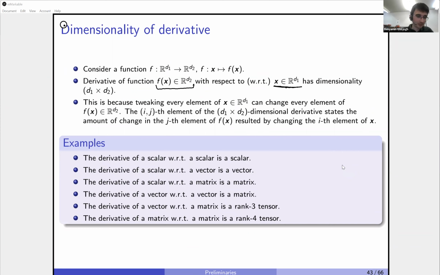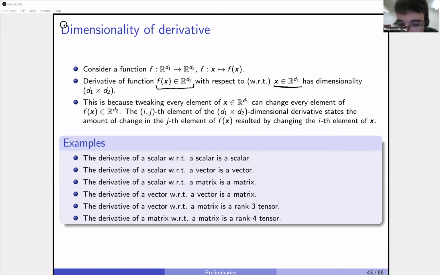Before you read this slide, listen to what I'm saying, because I want to explain what derivative is. When you have a variable and you have a function, the derivative of that function with respect to that variable means that whenever you slightly change that variable, how much the function changes.